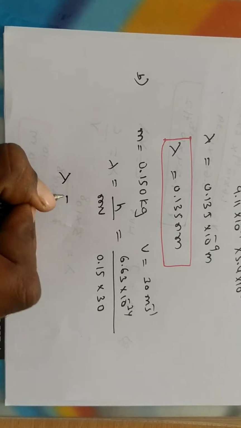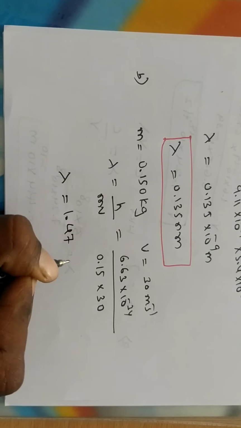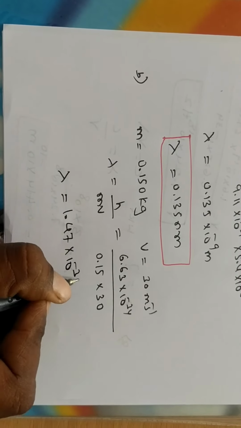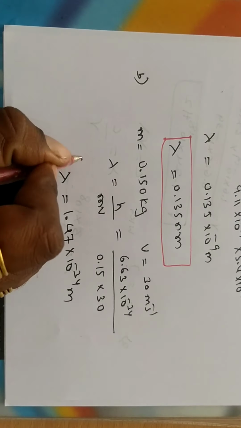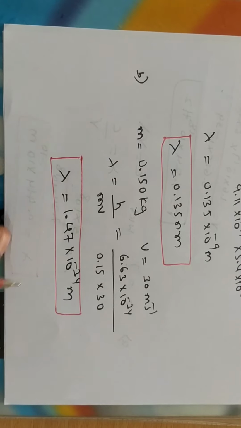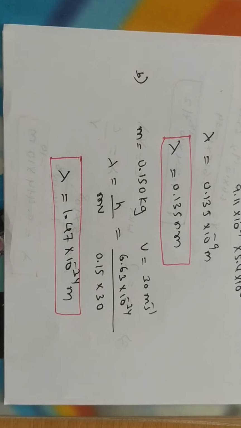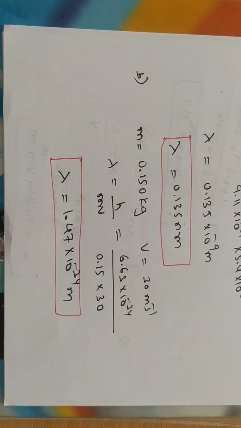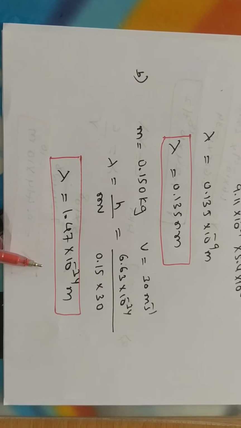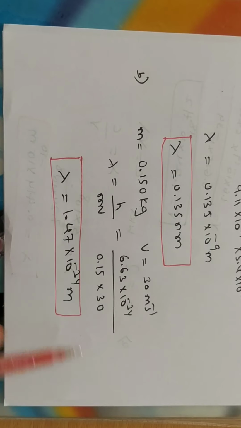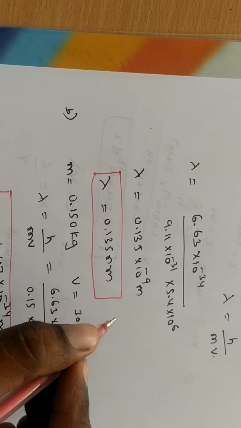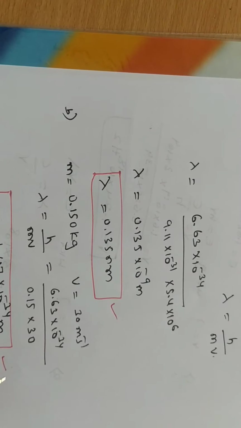Then lambda is equal to 1.47 into 10 to the power of minus 34 meter. Okay, this one is the wavelength. Okay, dear students, we have calculated both first one and second one. We have solved first one wavelength and second one wavelength.